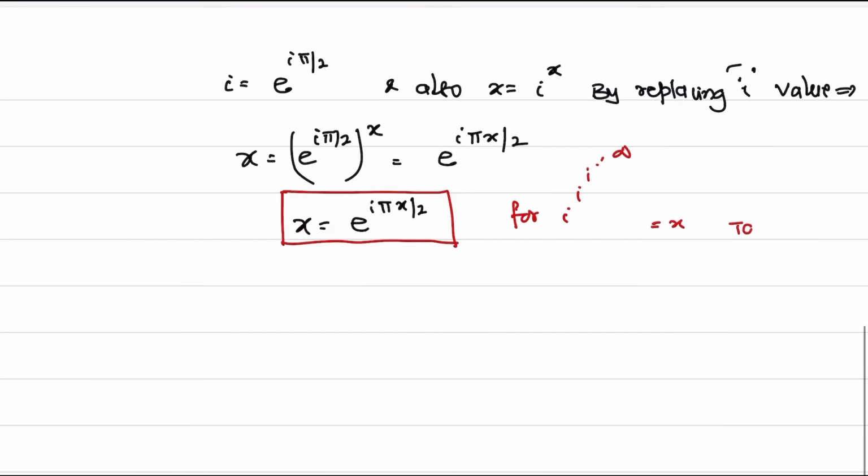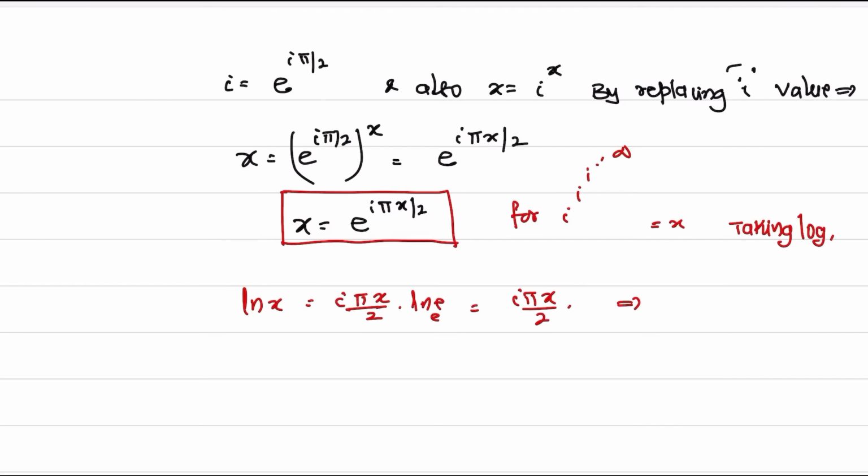Taking logs, ln x, natural logarithm, is I pi x by 2 into ln e. Ln e to the base e is equal to 1, that is equal to I pi x by 2. The final equation is ln x is equal to I pi x by 2. By taking logs, we get this. Another simplified equation.